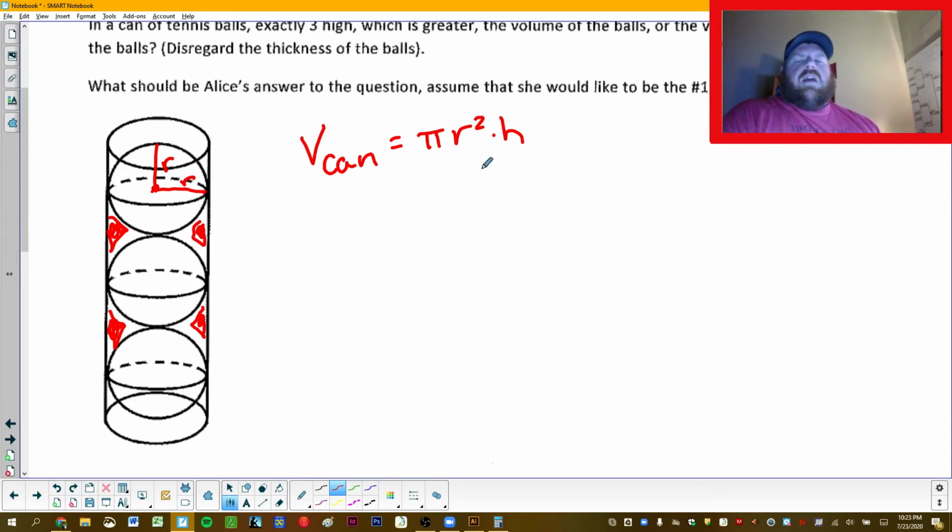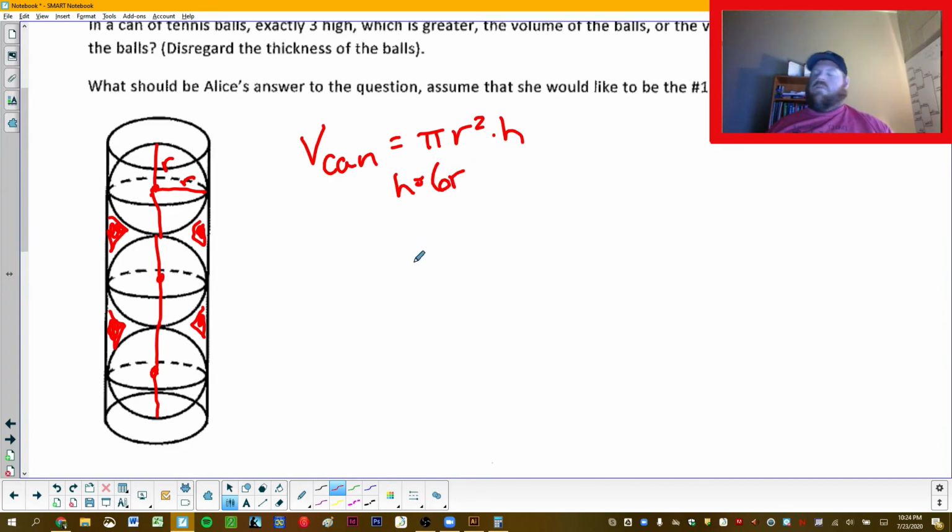But what is the height? To figure out the height of this tennis ball can, we're going to count the number of radii. Here's 1, 2, 3, 4, 5, 6. So the height here is equal to 6 of the radiuses, the radii.